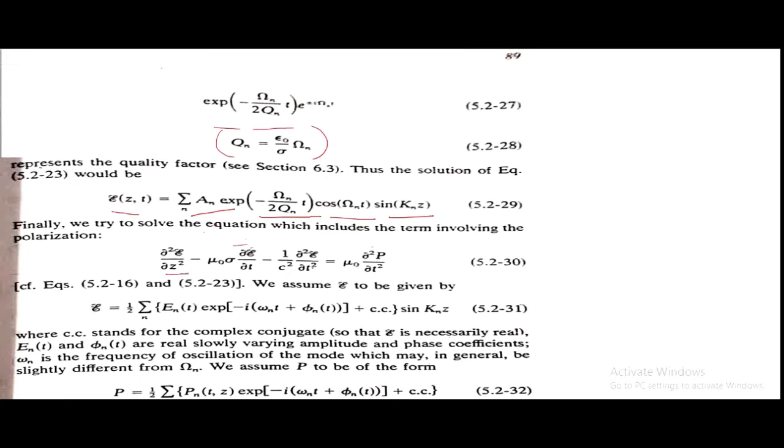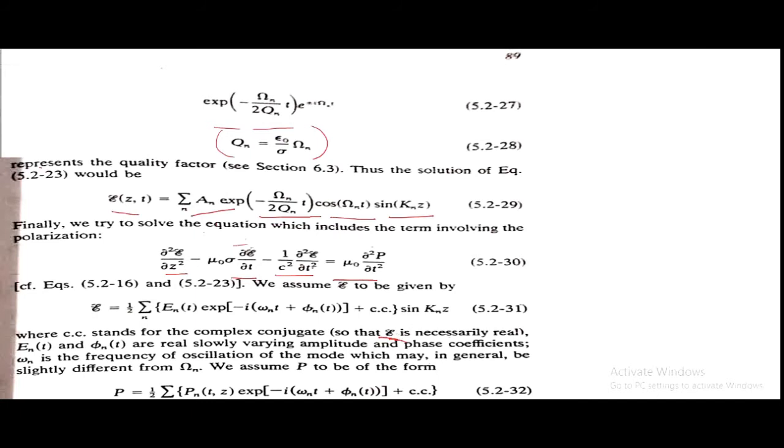And on simplification we get dou square E by dou z square minus mu 0 sigma dou E by dou t minus 1 by c square dou square E by dou t square equals mu 0 dou square P by dou t square. Here we assume E to be of the form E equals 1 by 2 sigma over n of E_n(t) exponential minus i (omega_n t plus phi_n(t)) plus complex conjugate. Here c.c. stands for complex conjugate.